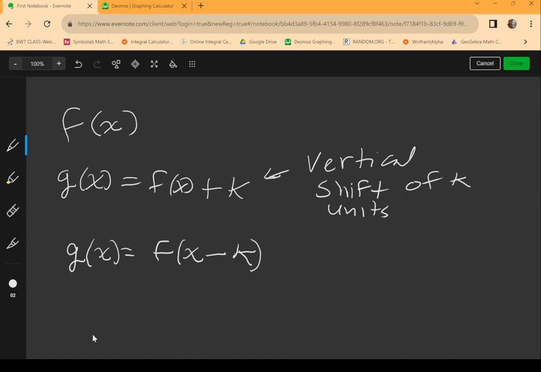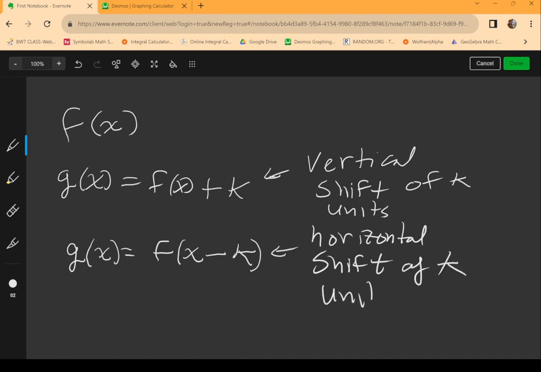So for something like this, we'll get a horizontal shift of k units, or whatever this k is.